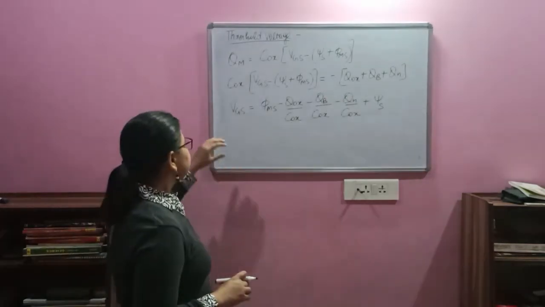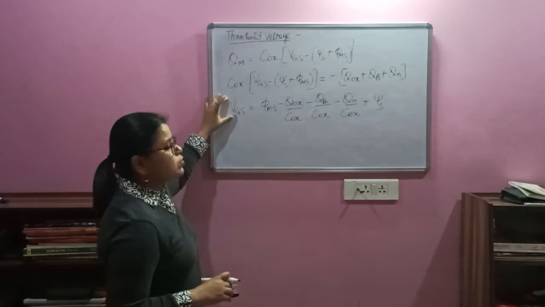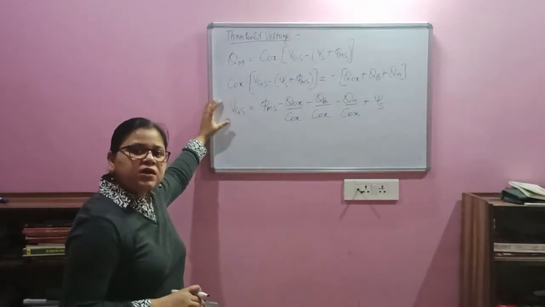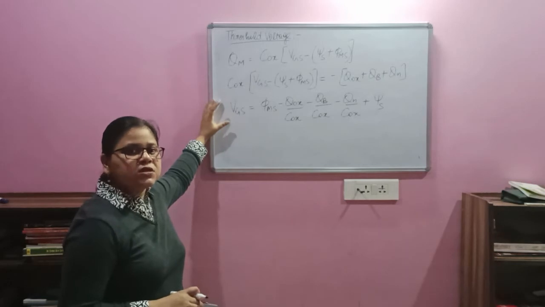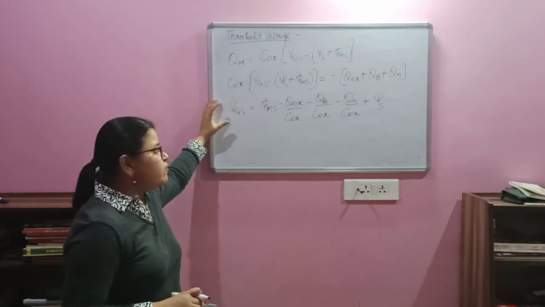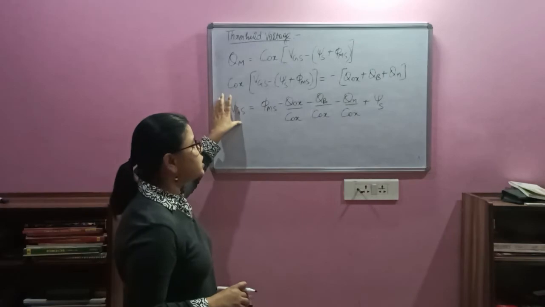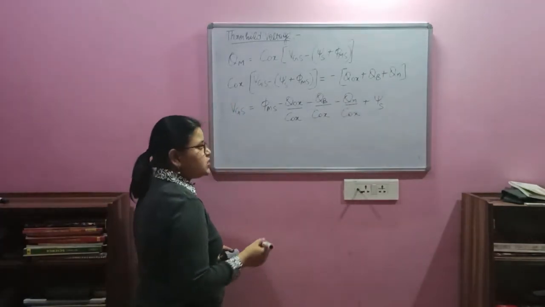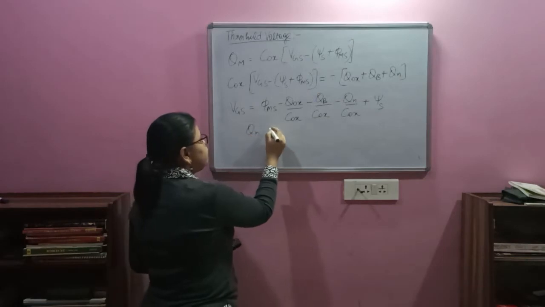So that amount of gate to source voltage which is required to start the current conduction in the device is stated as the threshold voltage. And when we talk of a threshold voltage, then this Qn, which is the inversion charge density, will be very small.